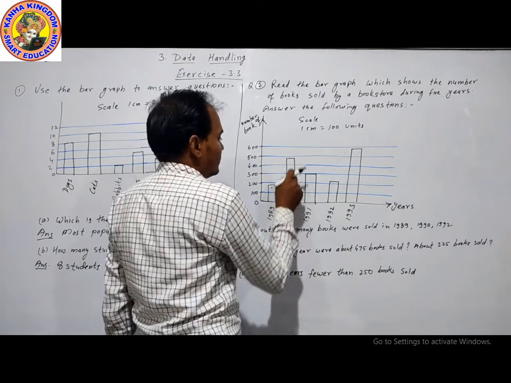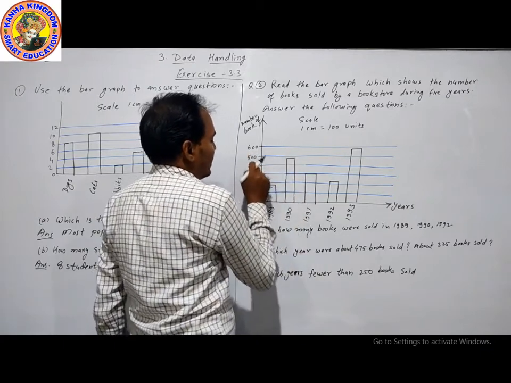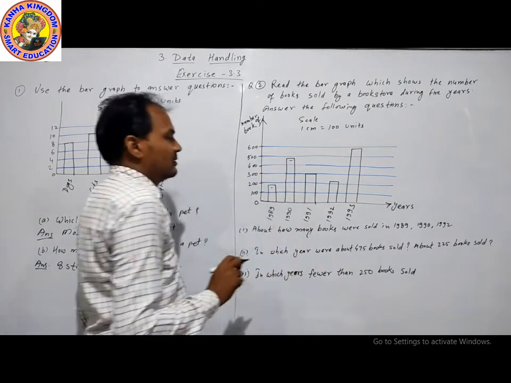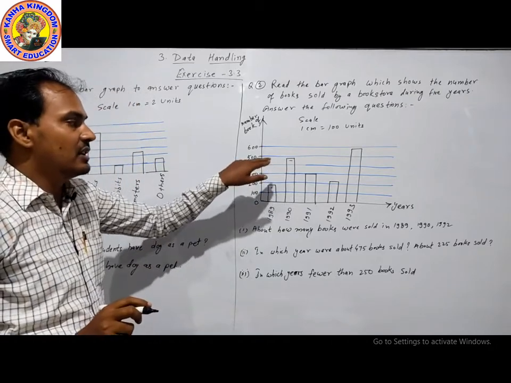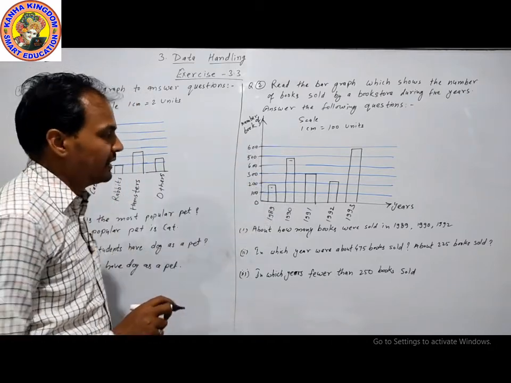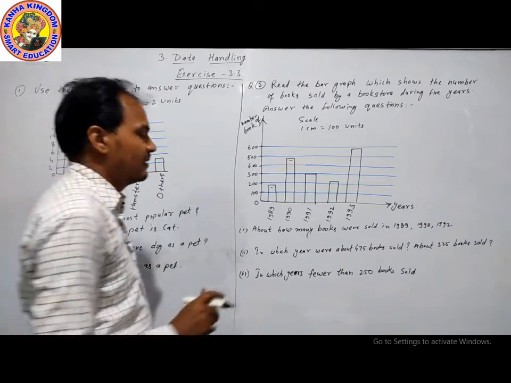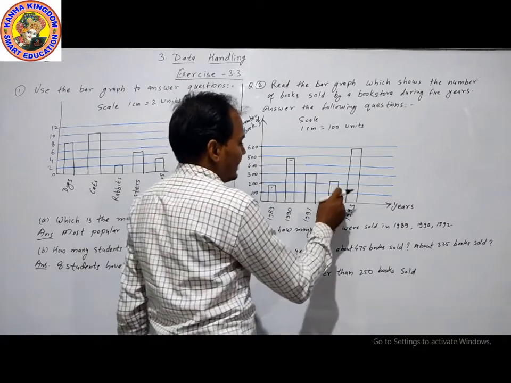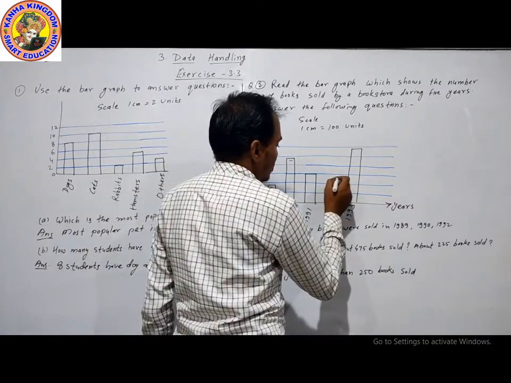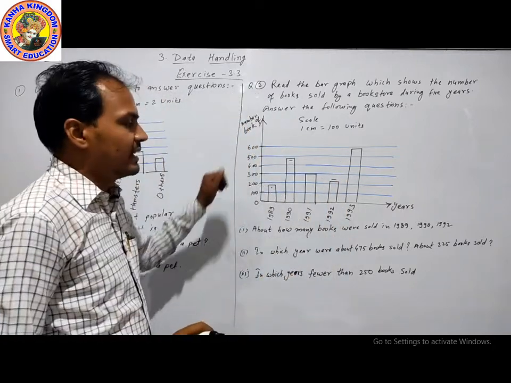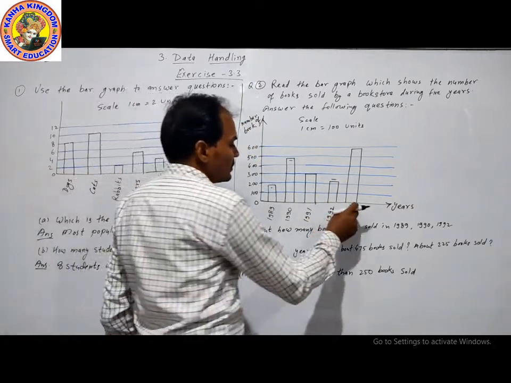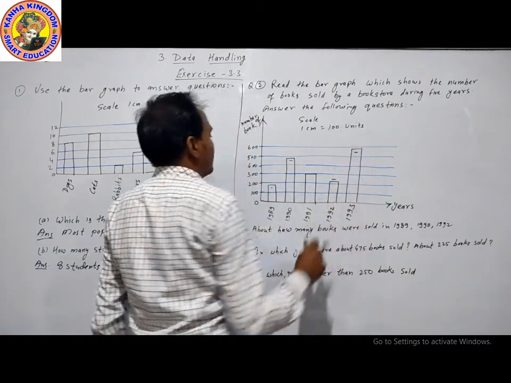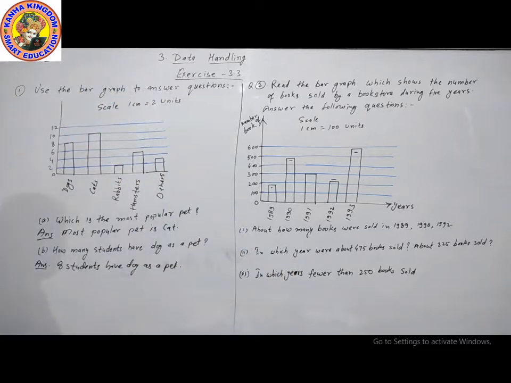In 90, the bar is above the middle part of 400 and 500. 91 is fixed at 300. 92 is lower than the middle part of 200 and 300. In 93, it is above the middle part of 500 and 600.